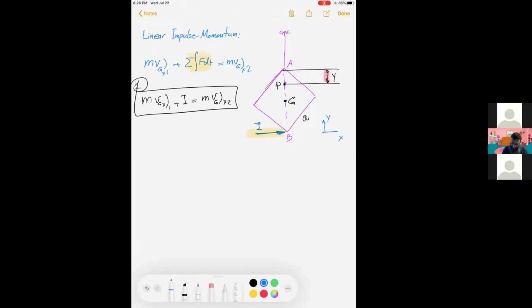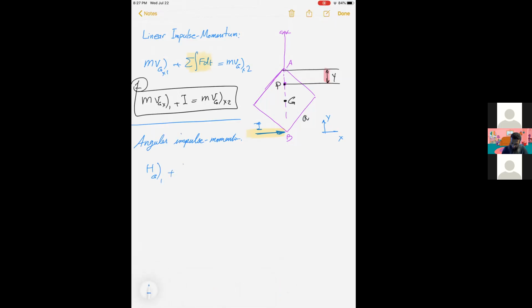If I use angular impulse momentum, then I'm going to have H about G1 plus summation of M dt equals H about G2, right?